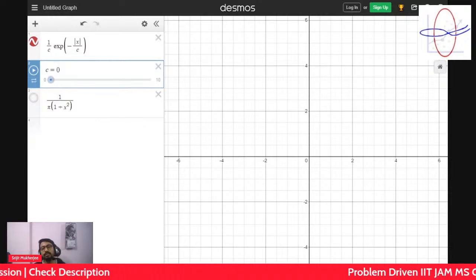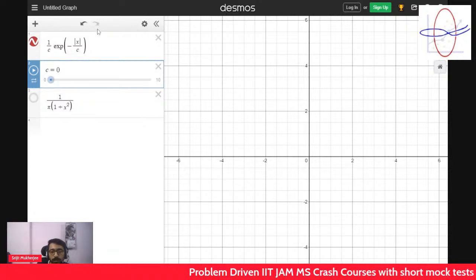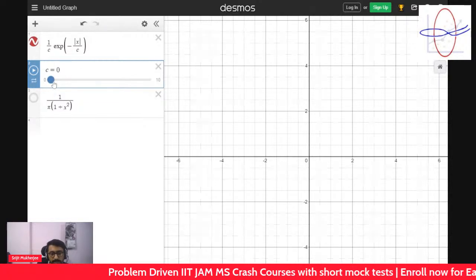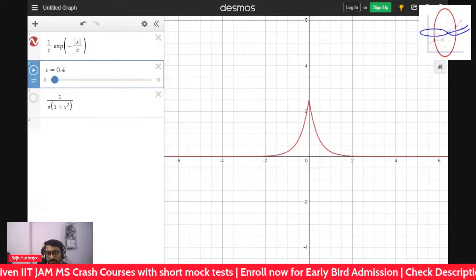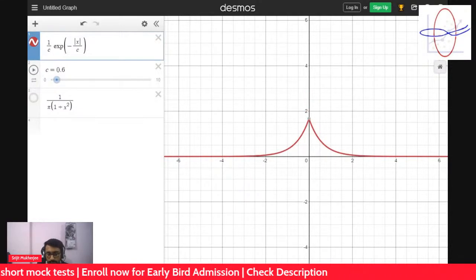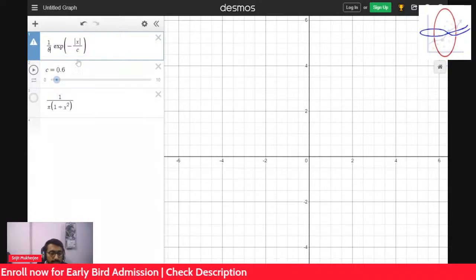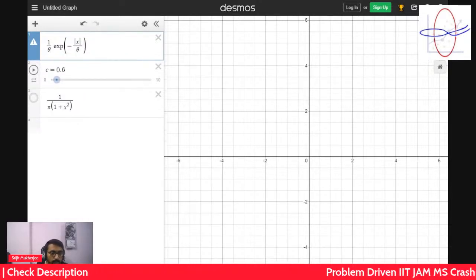Can you see the screen, guys? This is the exponential, the Laplace. Let's observe. This is C, we are increasing C. This C is theta, okay?